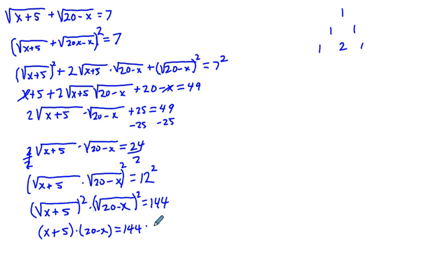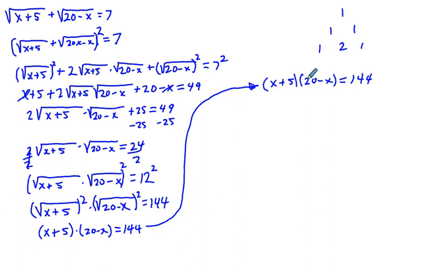I'm going to bring this up here with this arrow. I'm just going to rewrite this: x plus 5 times quantity 20 minus x is equal to 144.